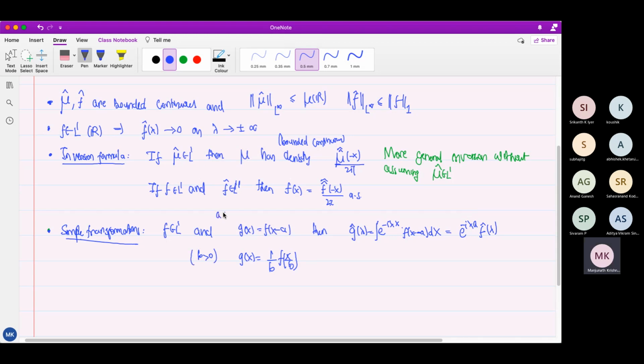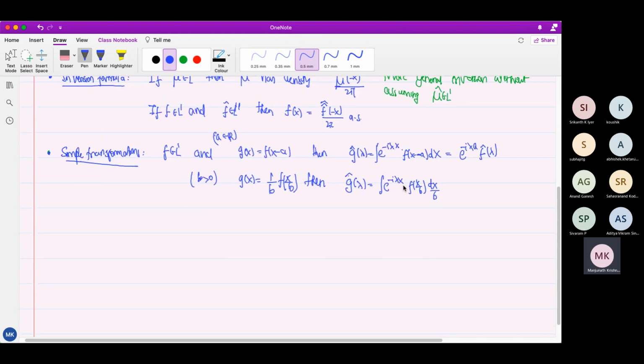Here a is any real number. b is a positive number. You scale g like this, and you also do it so that the L1 norm remains the same. Then what is g hat of lambda? Well, you will get e to the minus i lambda x f of x by b dx divided by b.